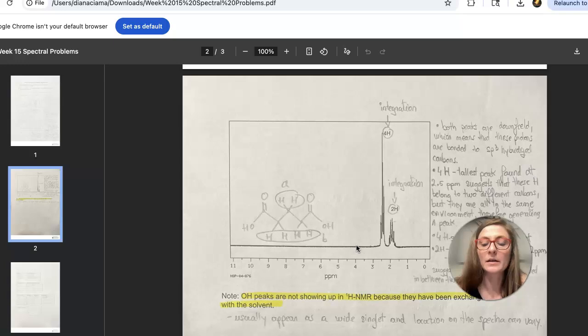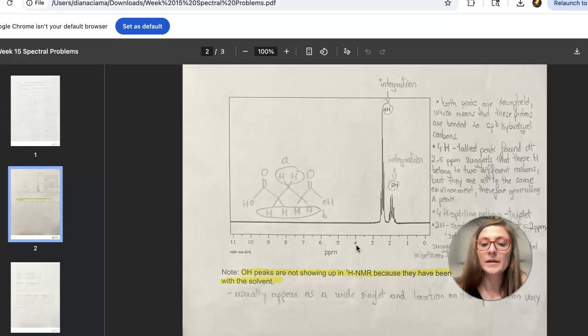Moving on to the hydrogen spectrum. I drew the molecule in on the side just for simplicity. I'm seeing that this molecule only generated 2 peaks for its protons. Both peaks are downfield, which tells me that the protons are attached to sp3 carbons.